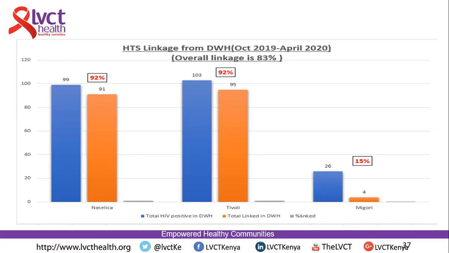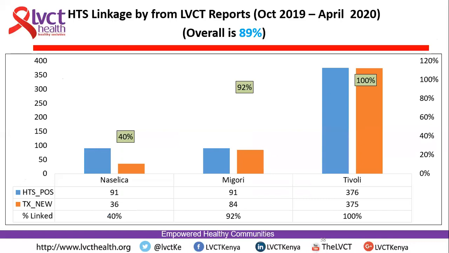This site that is doing 15% was not actually active when it comes to eHTS implementation, but it has now been reactivated to start using the eHTS, and I think their data will start changing very soon. So I'll proceed to the next slide.